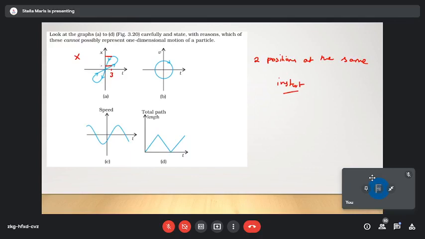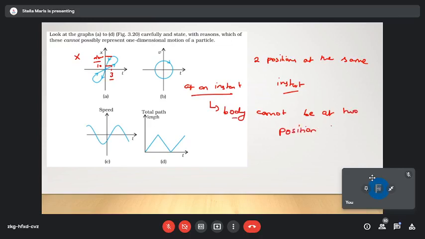Let's say this is somewhat like 10 meters. So at 3 seconds the body is at 10 meters, and again at the third second it is similarly at 20 meters. In one-dimensional motion, at an instant the body or an object cannot be at two positions at the same instant, right?